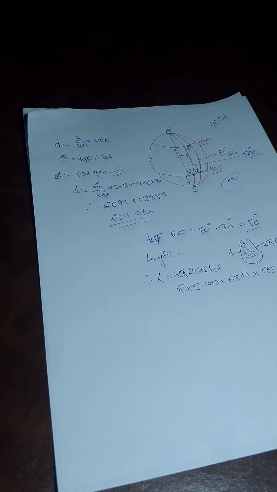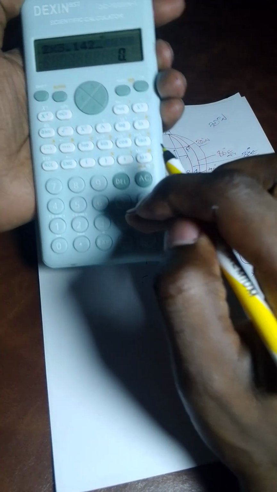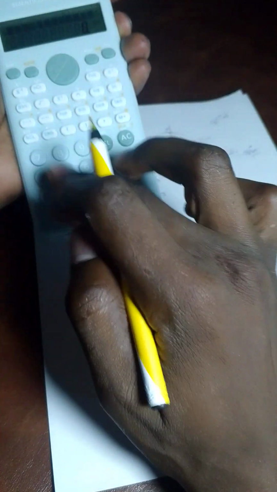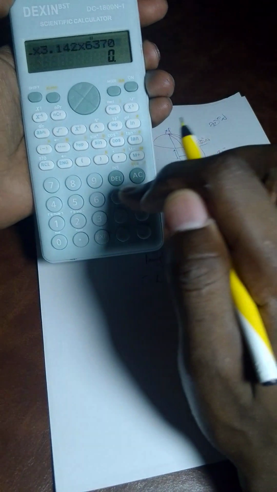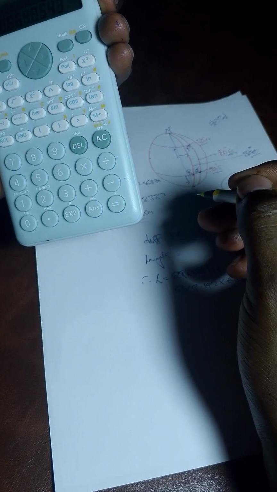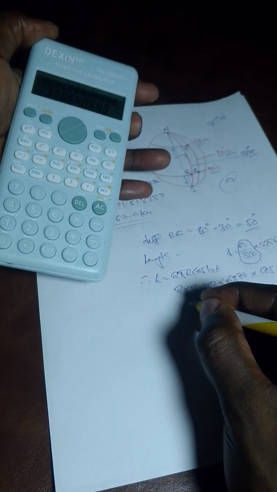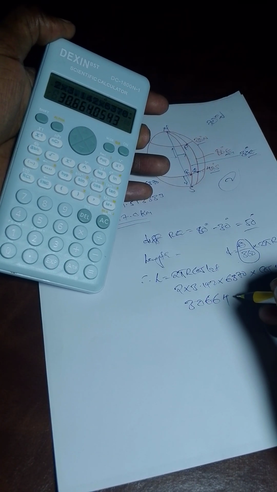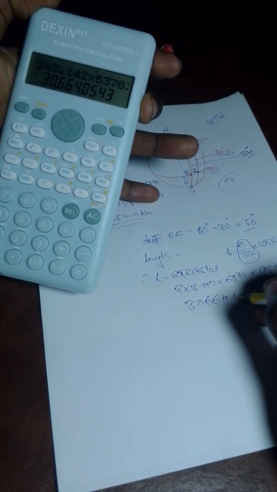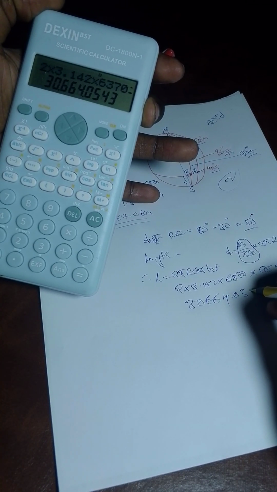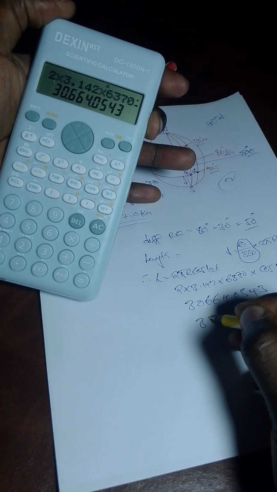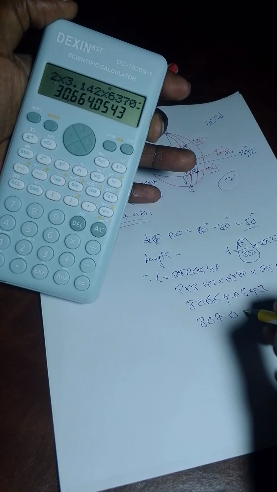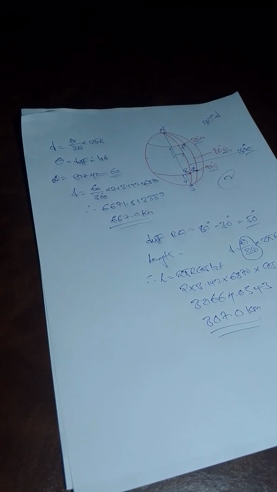Therefore, if you punch 2 by 3.142, so 3.142 we multiply by 6370, then multiply by cos 40, so I get 30,664.0543. So 30,700 kilometers. That is our length.